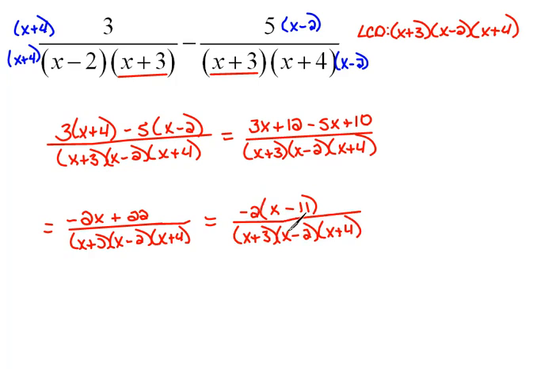In this case, nothing will cancel, so this is actually our final answer. The problem is that you really do need to factor, even if a lot of times nothing will cancel. But you won't know that unless you factor to begin with.